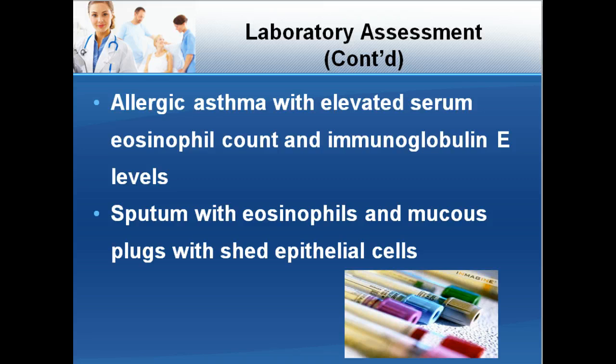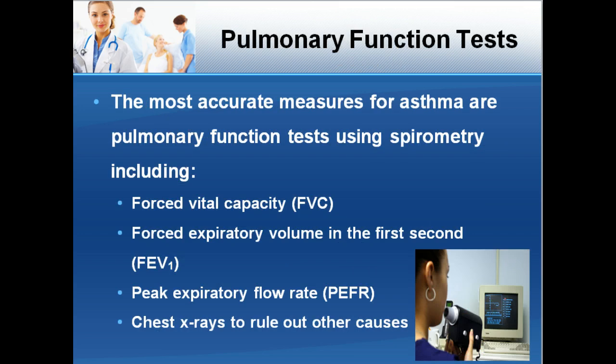So these are the type of exams, and these are the type of things that you're gonna look to when you're assessing a person early on. Another type of test that would be done would be a pulmonary function test.